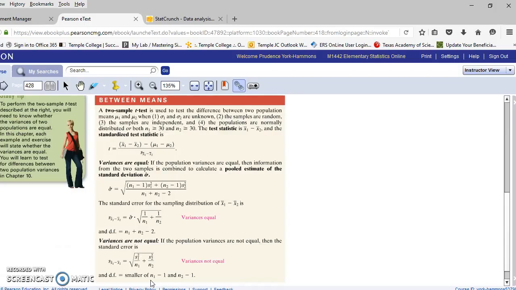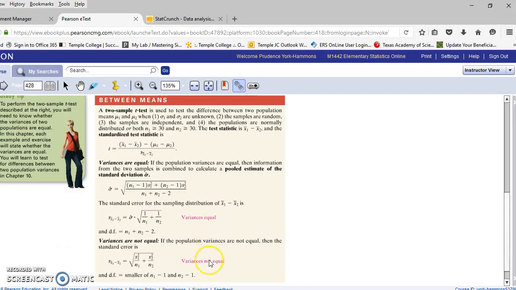When you are in StatCrunch running the test, it will simply give you a box to check. If the variances are equal, you check the box, or if the variances are not equal, you don't check the box. So either we pool them or we do not.